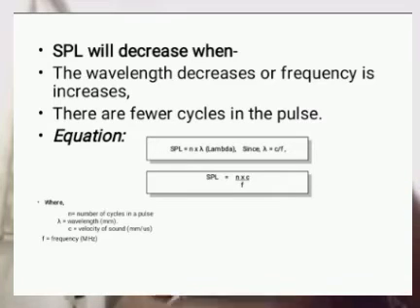Let's see this equation here. SPL is n lambda, and since lambda is velocity over frequency, SPL can basically be number of cycles times velocity over frequency. Yeah, number of cycles in the pulse. So for soft tissue, we already know the velocity, which we are using as 1.54 millimeters per microsecond.